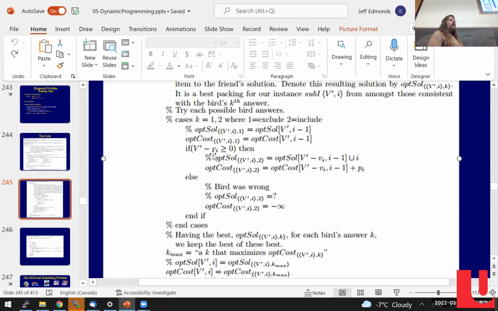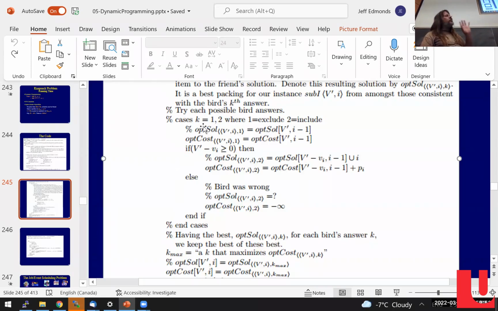And I did this 20 years ago and I did it this way. Partly my goal, even remember with the longest common subsequence, I had an earlier code where it looked more like this. One of the reasons is I really try to make every program look the same. Every program means what? We loop over sub-instances, then we loop over bird answers.